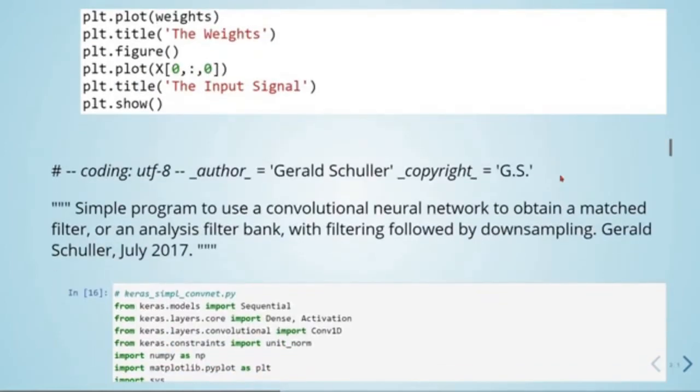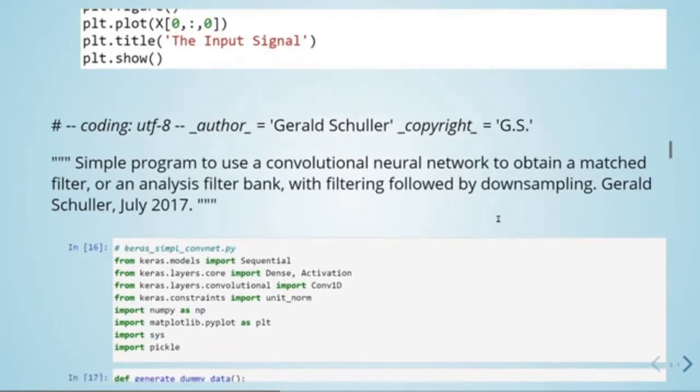So when we put everything together, you can see Professor Schuller's example code in Keras, simple ConvNet. It is a simple program that uses a convolutional neural network to obtain a matched filter, and we will detect the signal.